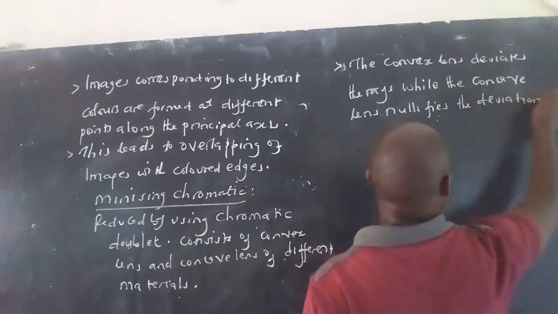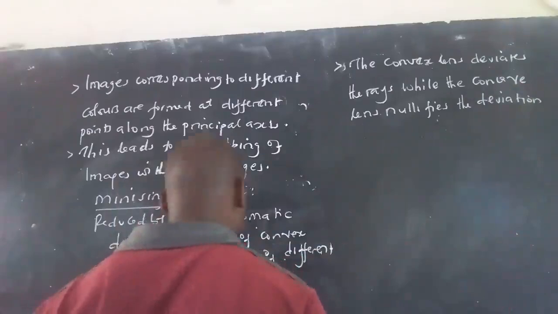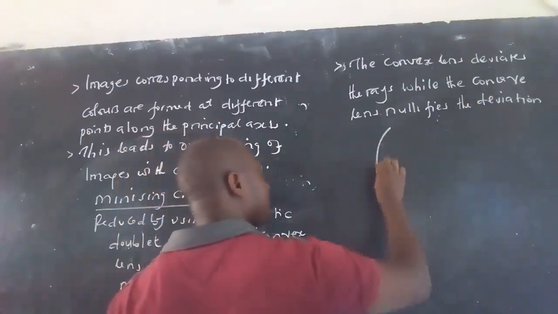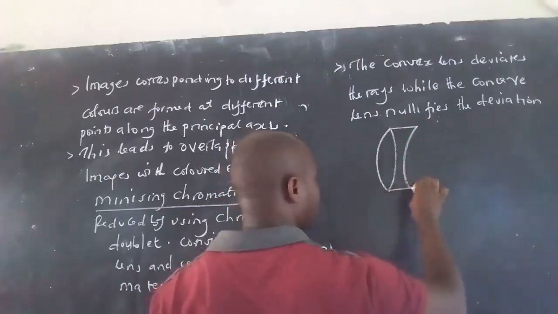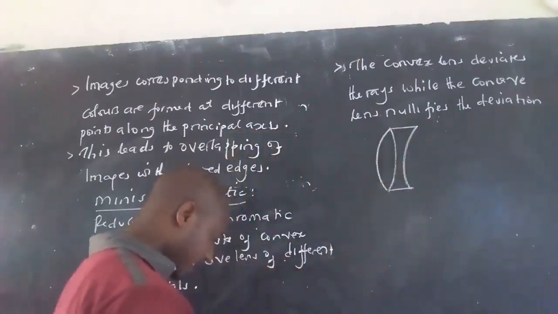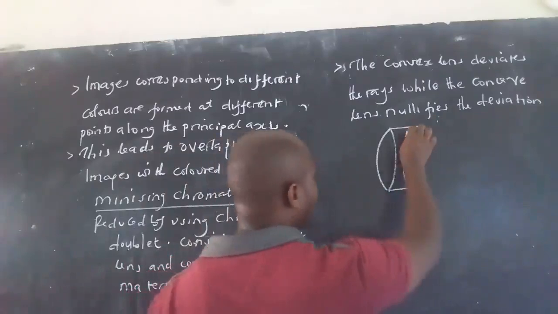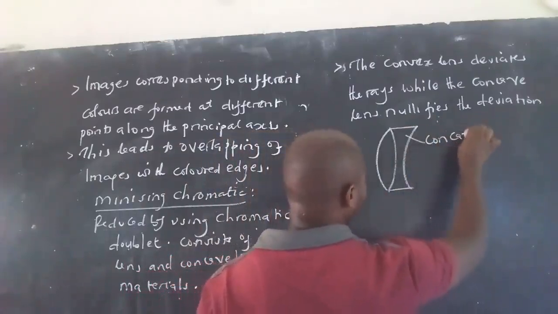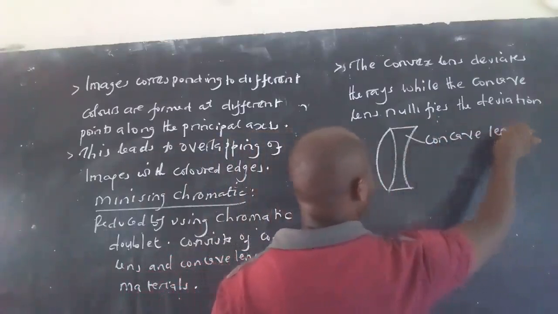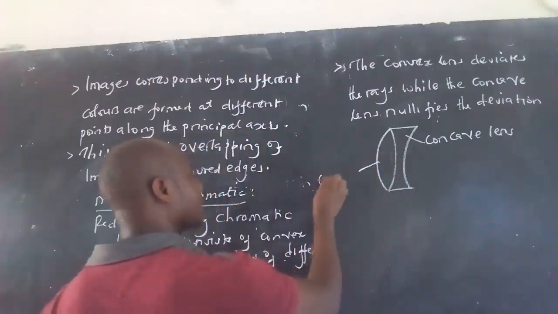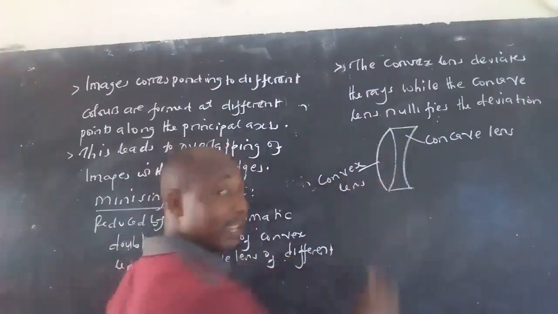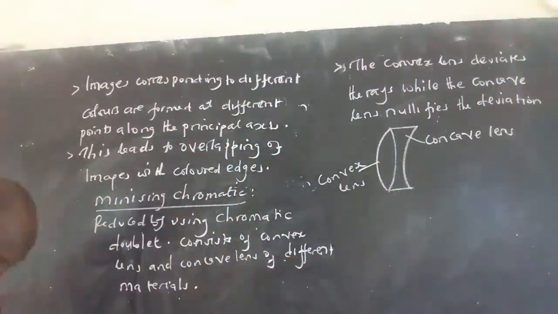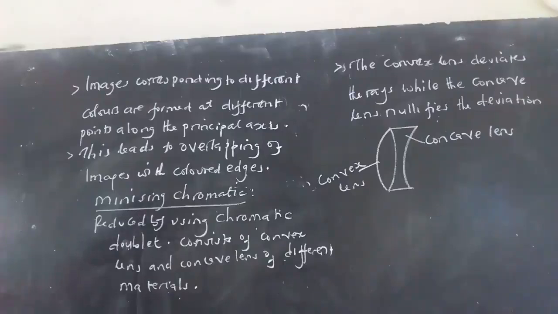So we shall have it like this. That's a chromatic doublet, such that this is a concave lens and this is a convex lens. They are made from different materials.